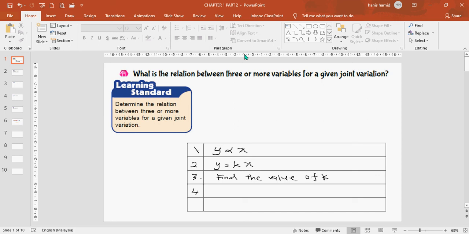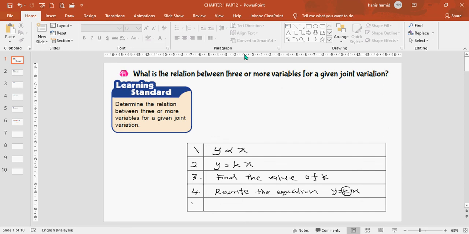And the fourth step, you rewrite the equation y equals kx, but you substitute the value of k with the value that you get from step 3.